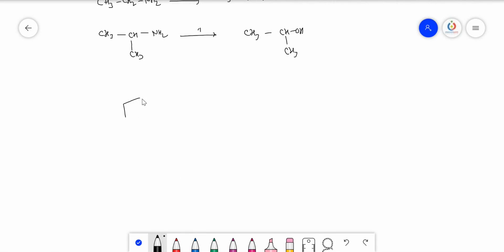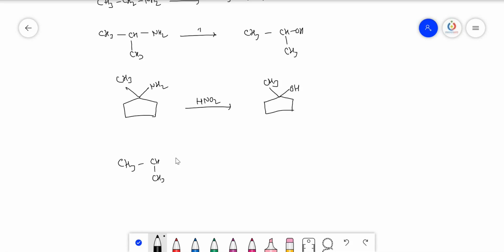Wherever the NH2 part is there, you remove that NH2 part and just put OH. HNO2 is nitrous acid. These are all different examples, try to remember these examples.